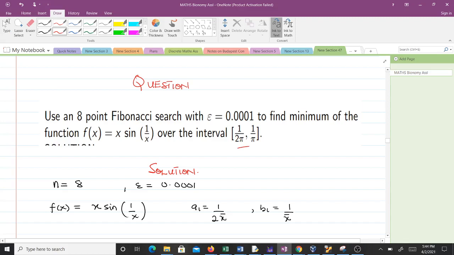Okay, so from the question, we are using an 8-point Fibonacci search. That means that our n is 8. Our epsilon is 0.001. Then the objective function here is x sine 1 over x. Then our a, which is the same as a1, is 1 over 2 pi. And our b, which is the same as b1, is 1 over pi.